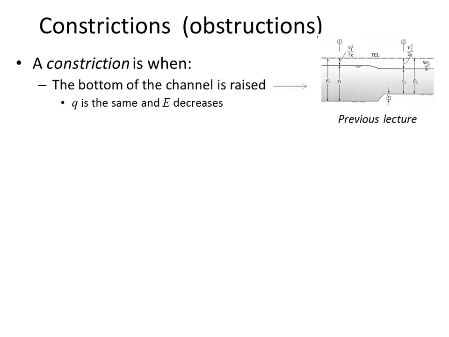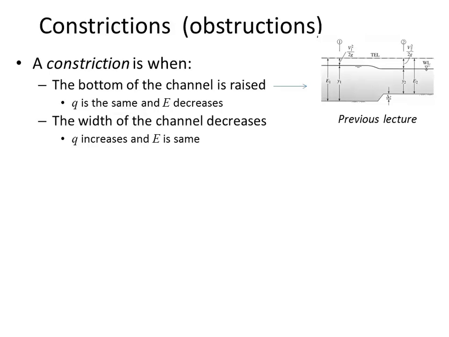And so flow per unit width, lowercase q, stays the same, but the E decreases. The specific energy after the step, here at section 2, is less because of the step. So E1 equals E2 plus the delta Z. And so the E at 2 is less than it was at 1.